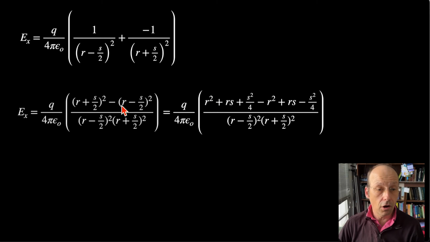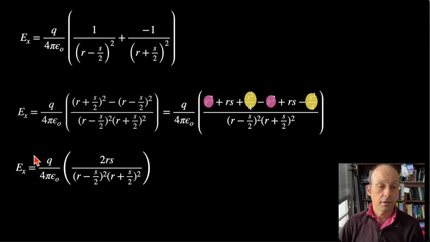Over here I get r squared, but there's a negative sign, then negative rs, and then s squared over 4 with that negative sign. You'll see that r squared and negative r squared cancel, and s squared over 4 minus s squared over 4 cancel. So I'm left with q over 4 pi epsilon naught, 2rs, and then that stuff on the bottom.